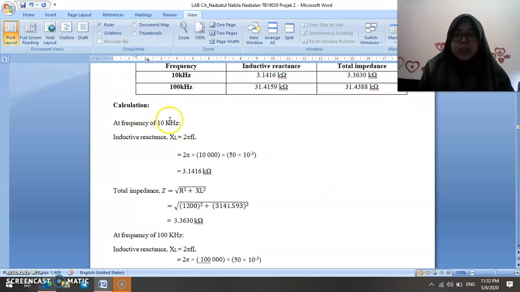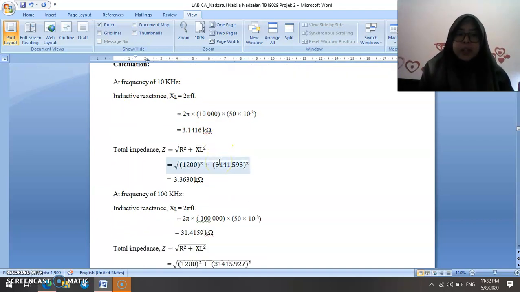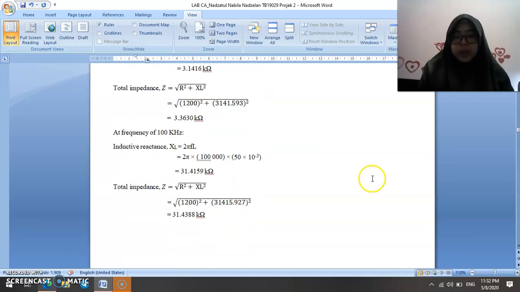These are the calculations that I have made for the theoretical value of each inductive reactance and total impedance at 10 kHz and 100 kHz.